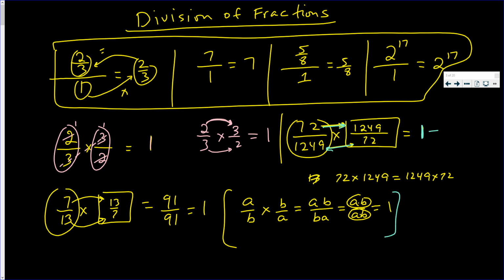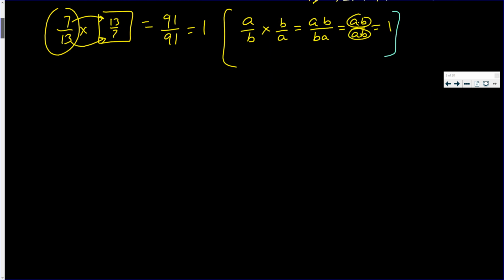The only time you don't get 1 is if you have 0/0. And it's kind of obvious, I hope, that 72 times 1249 is not 0. Because if you multiply two numbers and they multiply out to 0, then one of those numbers, if not both of them, were 0. Okay, so now we're experts at dividing by 1.